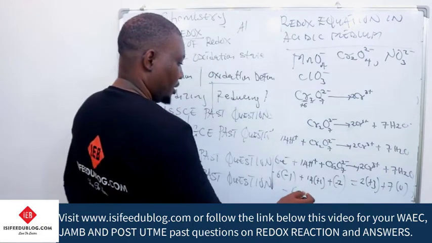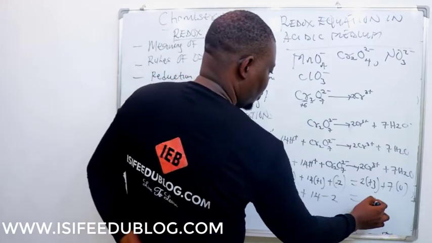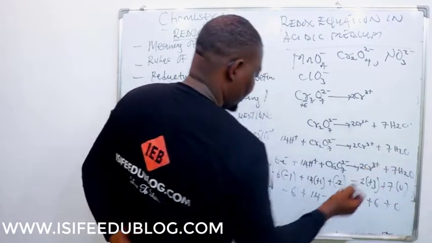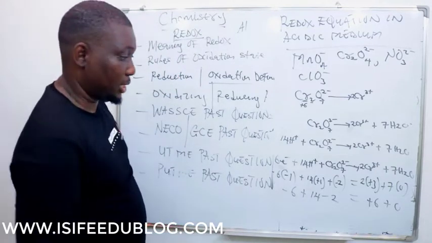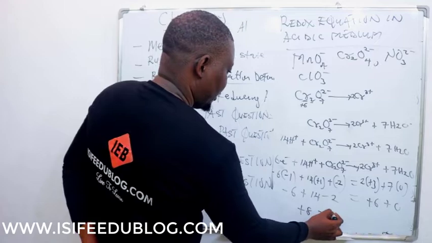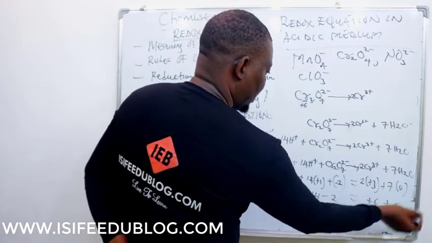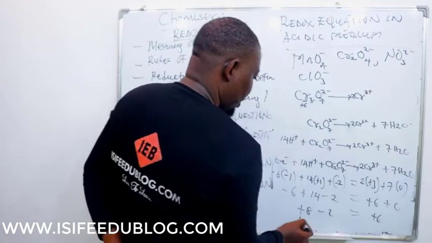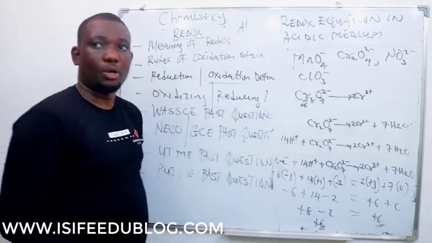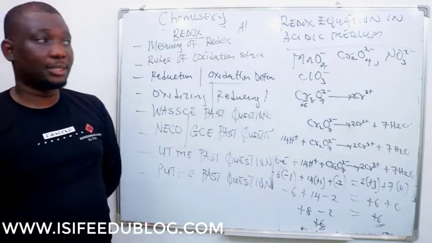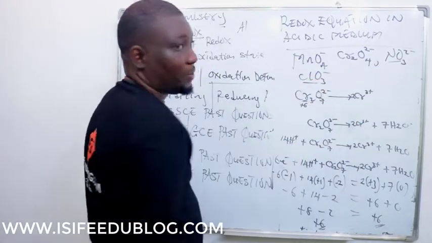This gives me minus 6 plus 14 minus 2, which is equal to plus 6 plus 0. Minus 6 plus 14 is going to give you 8. Plus 8 minus 2 is plus 6, which is equal to plus 6 plus 0, plus 6. So both sides of the equation are balanced.